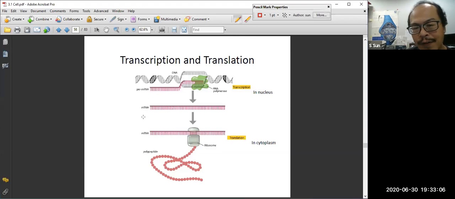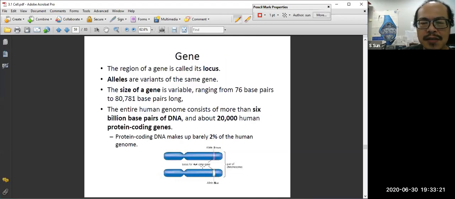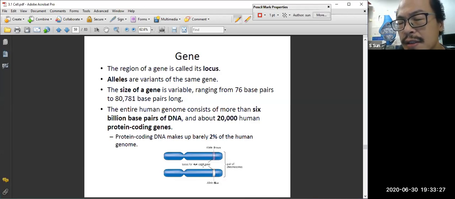There are several types of RNA, but messenger RNA is the one used to produce protein through what? Through this ribosome. Then the protein is produced. And just a little bit of an overview about what is a gene, what is the chromosome, what is the DNA, what's their relationship.